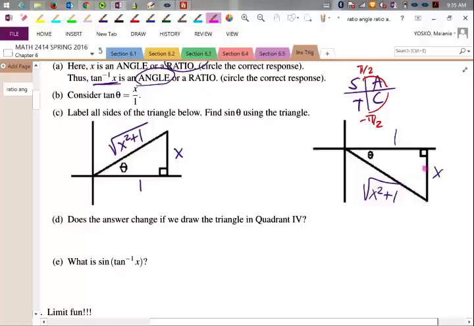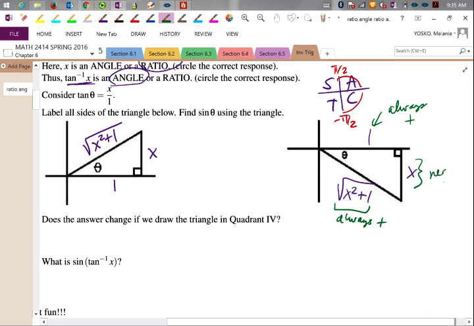The reason it works is why? This right here is always positive. This is always positive. This guy right here is negative. Even though it's x, we know it can be positive or negative. We're used to saying that x is a positive number, but in this case, it is strictly negative, right?